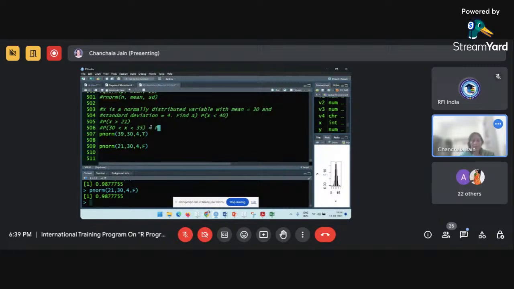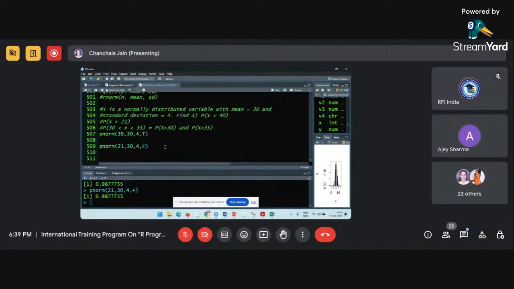Firstly, we can find the probability of x when it is greater than 30, and also the probability of x when it is less than 35. And what do we do with these two values? We'll subtract. Yes, right, that's good.